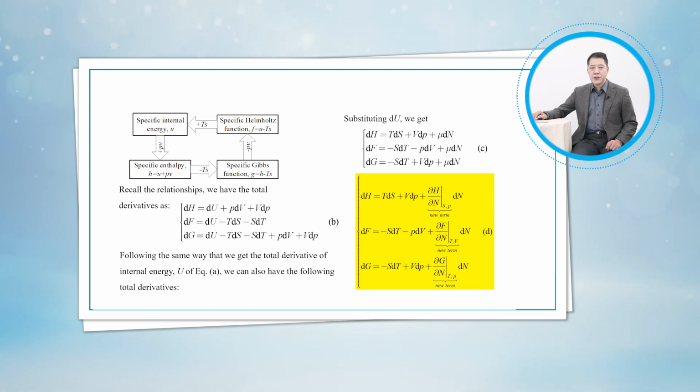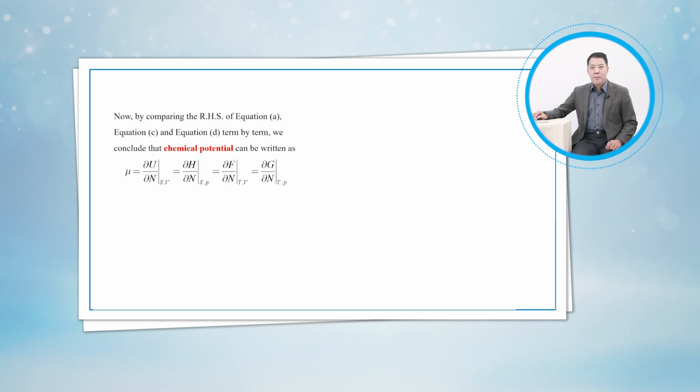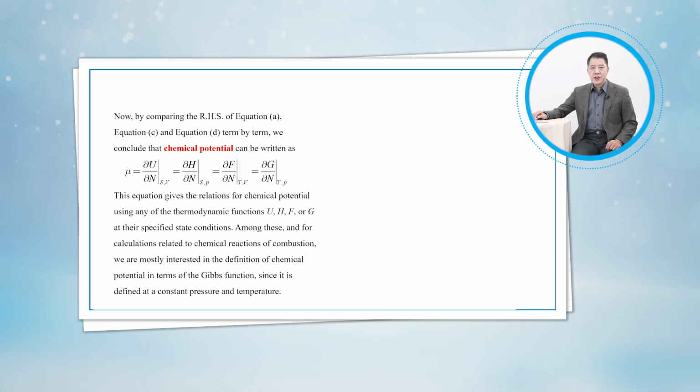They are equation D. Now, by comparing the right-hand side of equation C and equation D term by term, along with equation A, we conclude that chemical potential can be written as follows. This equation gives the relations for chemical potential using any of the thermodynamic functions U, H, F, or G and their specified state conditions.